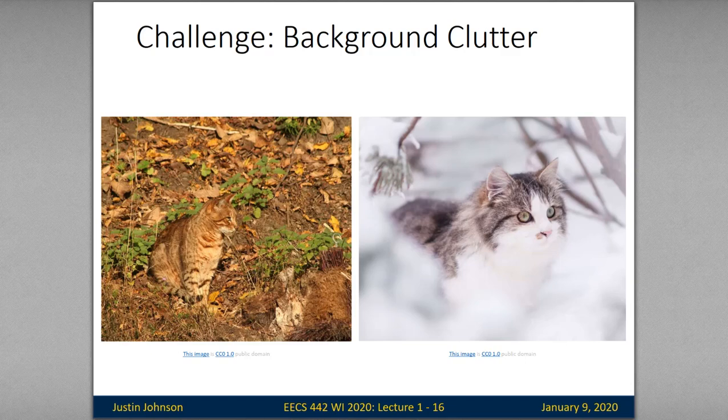Like here you can see on the right hand side an image of a cat which is in surroundings which have similar colors than the cat itself. Even for us humans, it would be hard, or it would require some concentration to take a pen and draw the exact borderline of the cat in that image. But for a computer it's even harder.